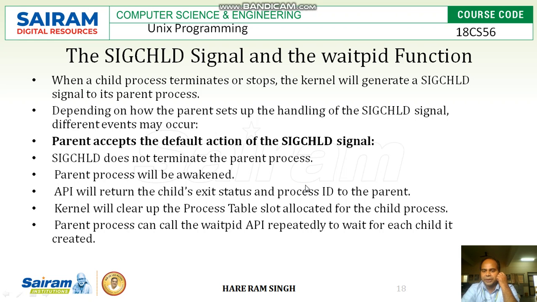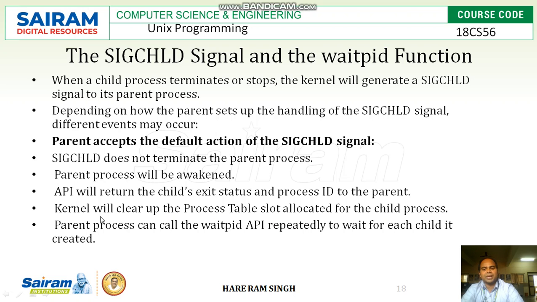So as we know, whenever a child process gets terminated, the kernel will return the exit status of the child process to the parent process. So the API will return the child's exit status and process ID to the parent process. The kernel will clear up the process table slot allocated for the child process.